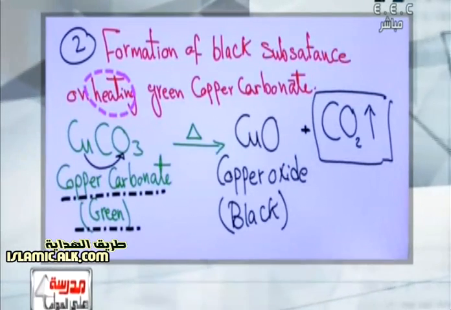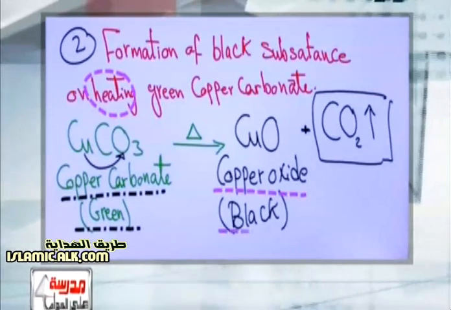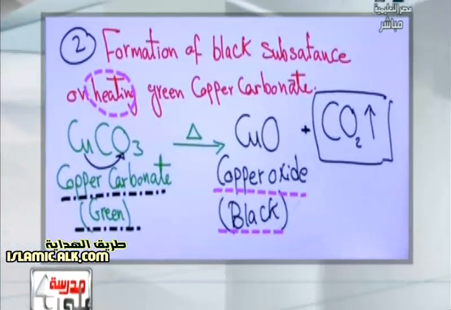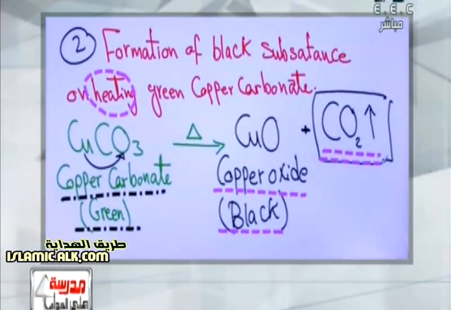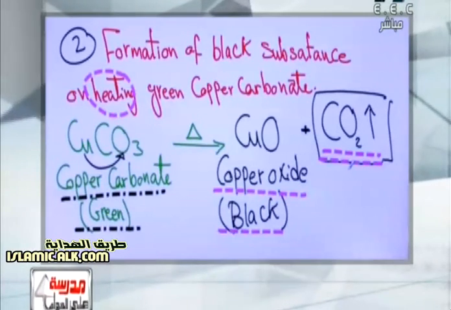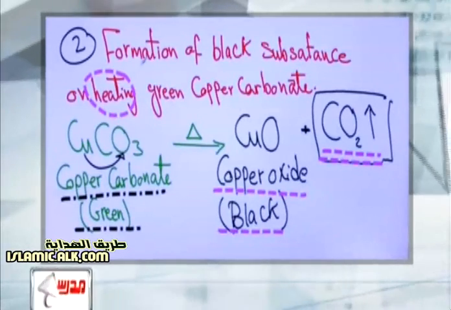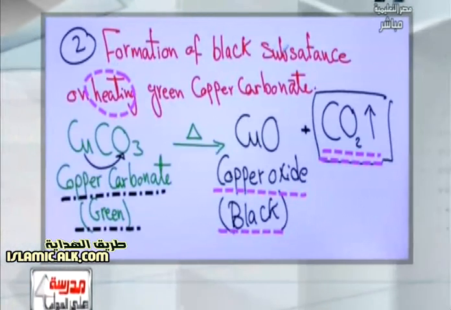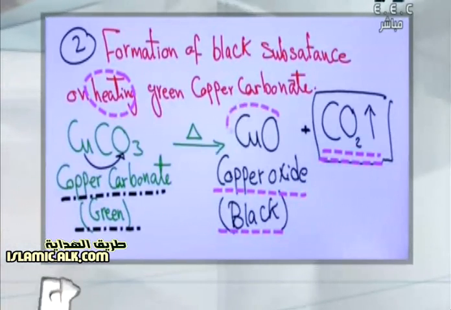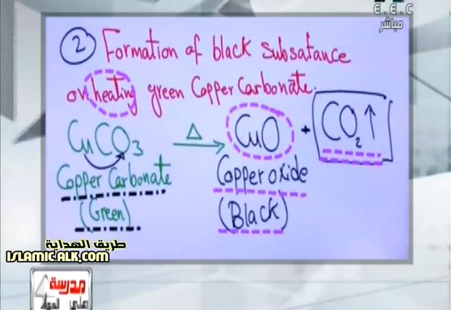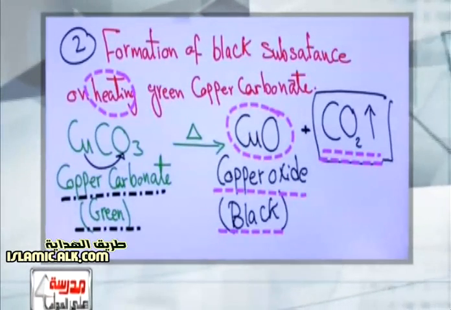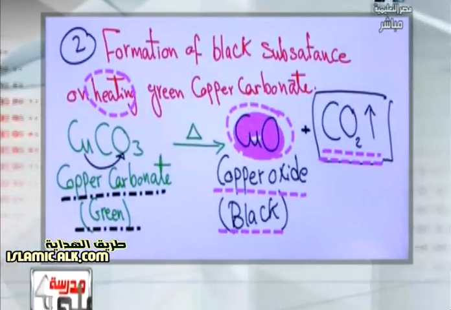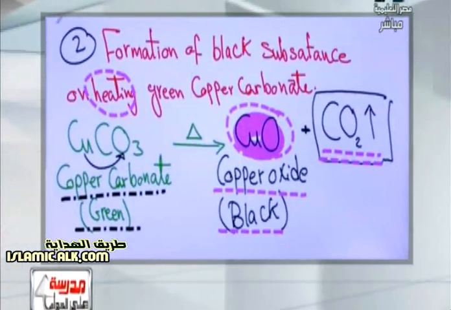Names what and colors if it exists. لو في color موجود واكتبه. طبعا الكربون دايوكسيد colorless as we studied before in primary stage، زي ما خدنا في ابتدائي carbon dioxide colorless gas. Okay, so we can answer by using the chemical equation, and we know now the formation of what? Black copper oxide. Okay, dear students.